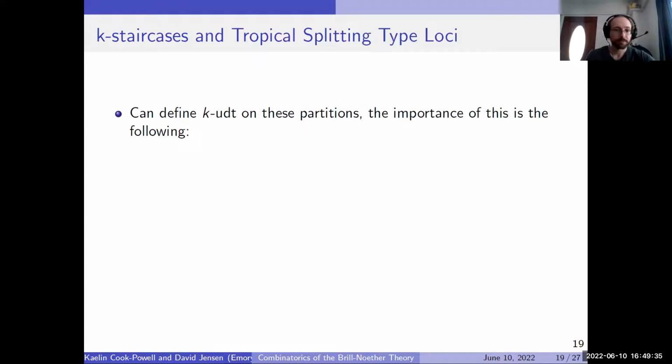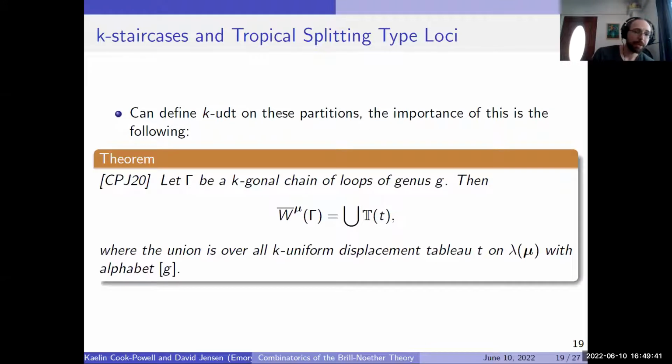So why do I care about these k-uniform displacement partitions? Well, if I look at the splitting locus of this chain of loops, I can define k-uniform displacement tableau on them just by filling the boxes with the same conditions: strictly increasing down any row and column, and repetitions satisfy my modularity condition.